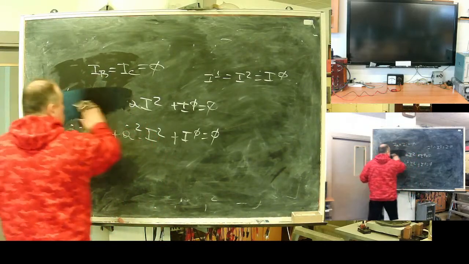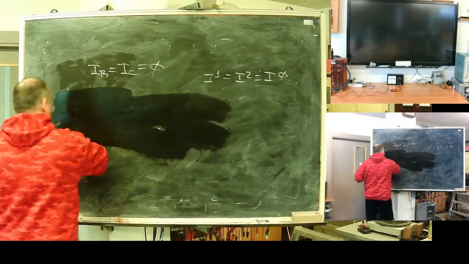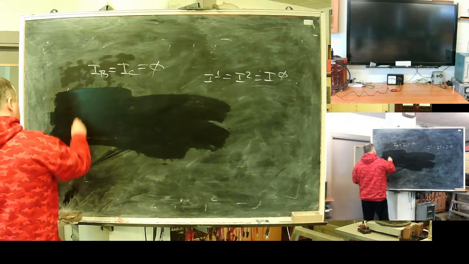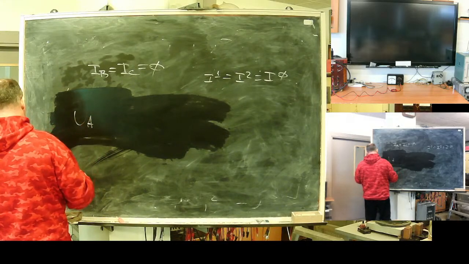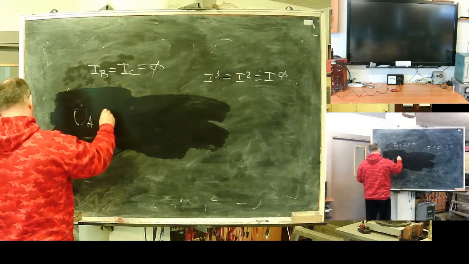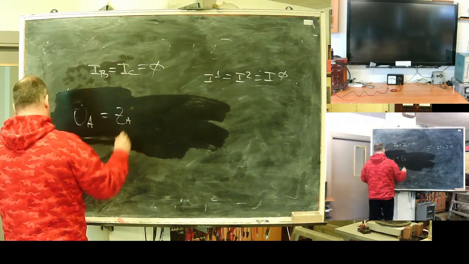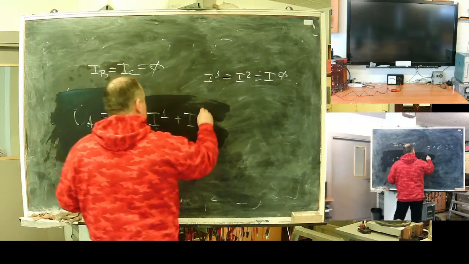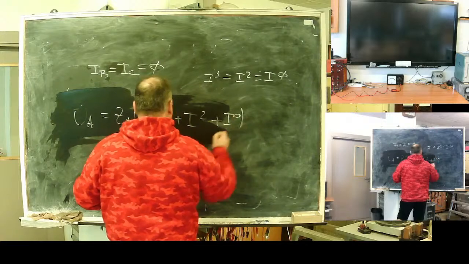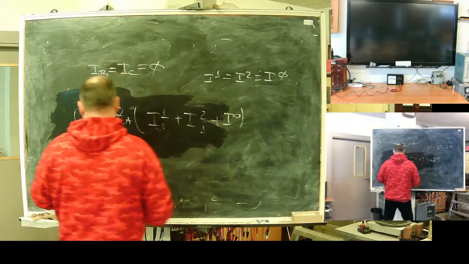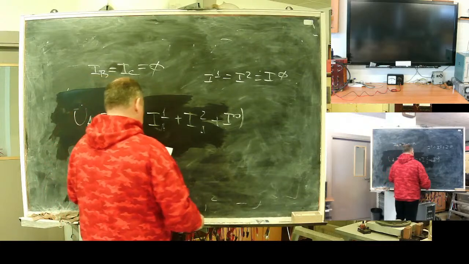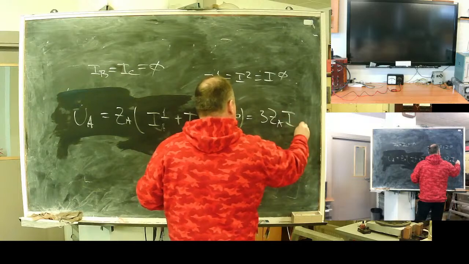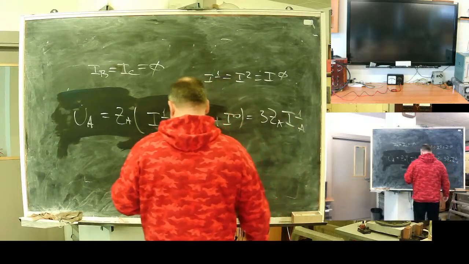Also, the A phase voltage equals the A phase resistance times the direct, negative plus zero currents. It's for the A phase, meaning triple the direct sequence current of the A phase.